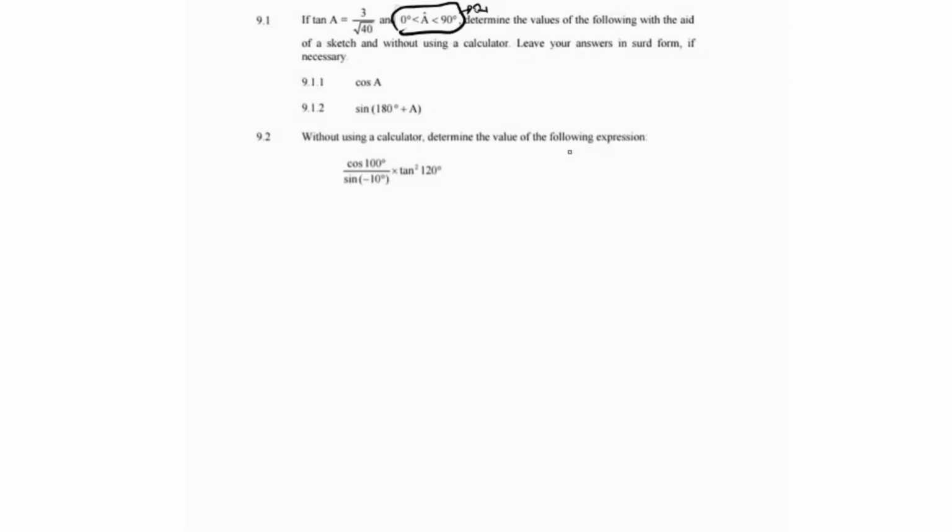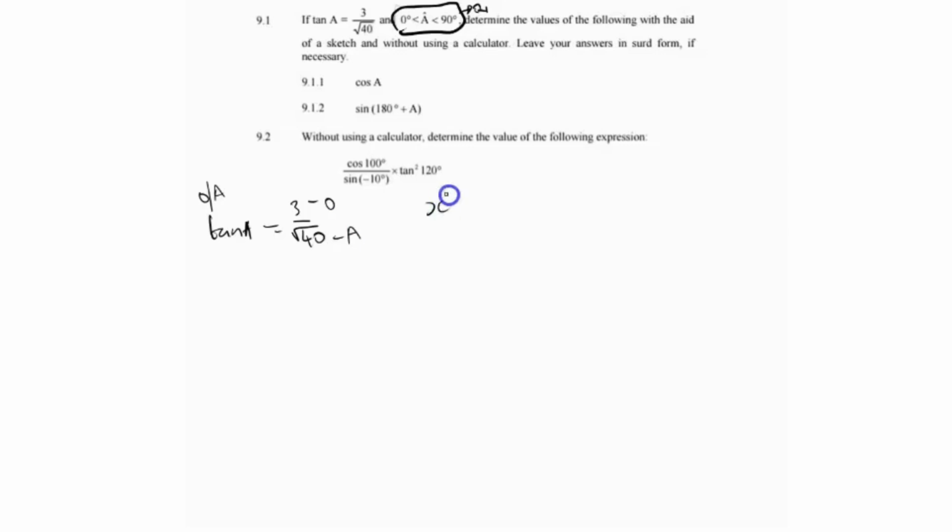So first thing that we need to do, they gave us that tan A equals 3 over root of 40. We know that tan is opposite over adjacent, so this side is the opposite side, this side is the adjacent side. Now we can find the hypotenuse using the theorem of Pythagoras.